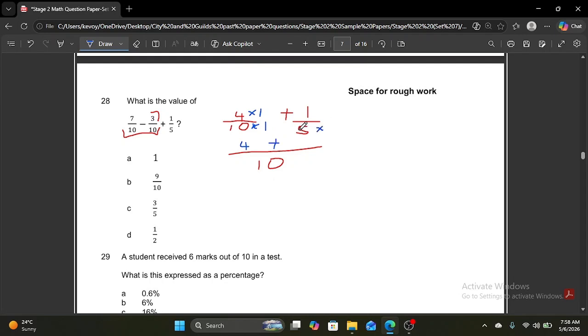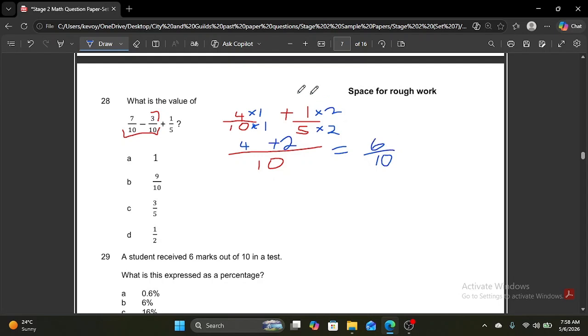What you have to multiply 5 by in order to get 10? That's 2. And anything you multiply the bottom by, you have to multiply the top. 2 times 1 is 2. So that will be equal to 4 plus 2 is 6. So 6 over 10.